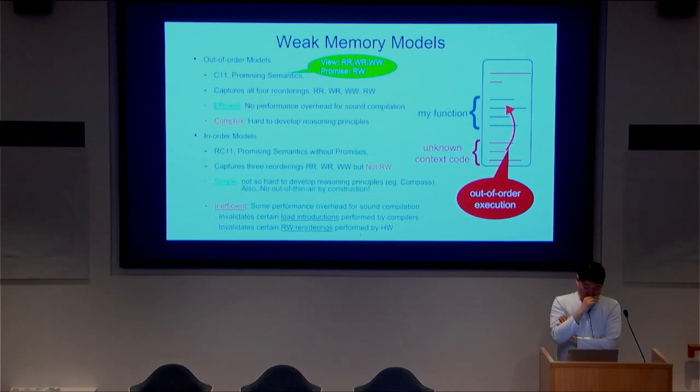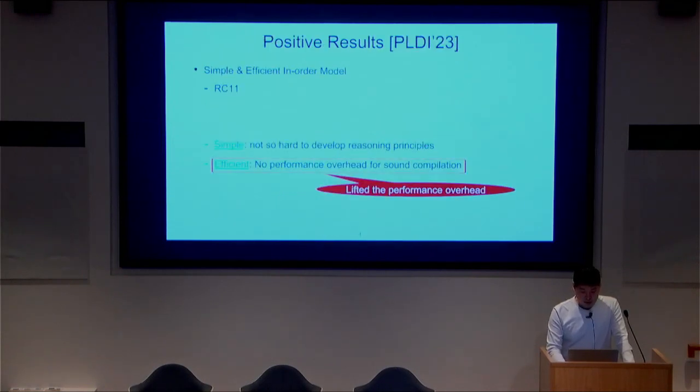So we have to pay some performance overhead. But we had a positive result, saying that actually RC11 is good enough. The performance overhead we considered in the previous slide, the two things, can be lifted. We figured out how to lift the performance overhead for RC11. So what I'm saying is that you can use RC11 as the C semantics as a source, and there is no performance overhead to pay.